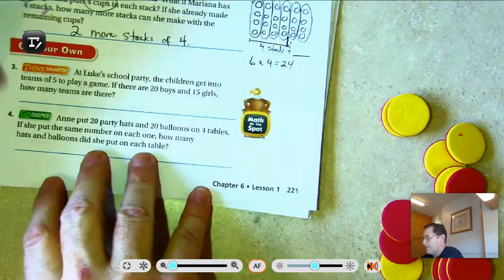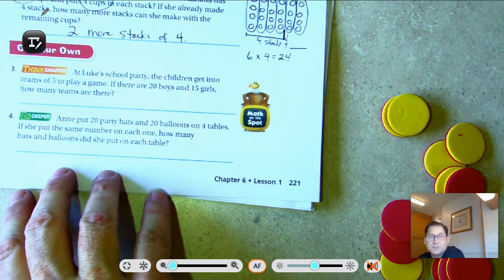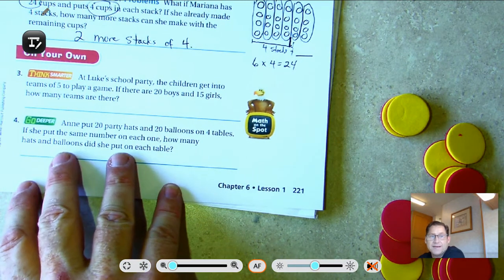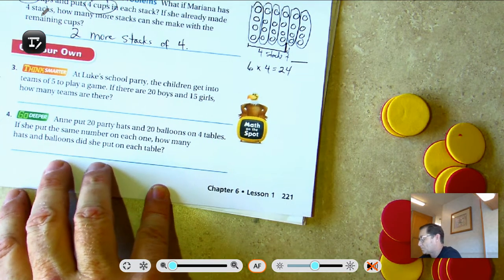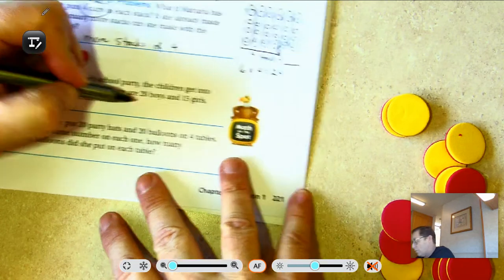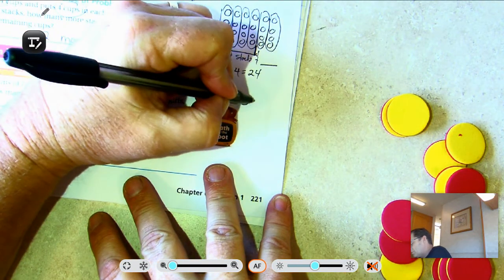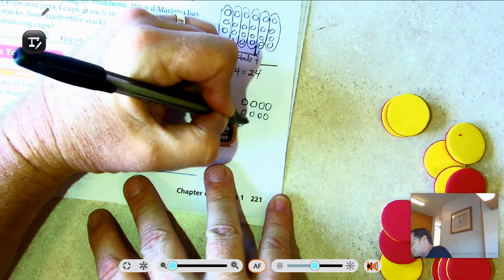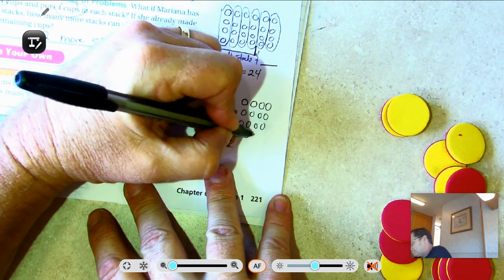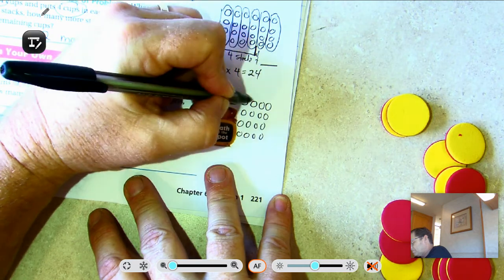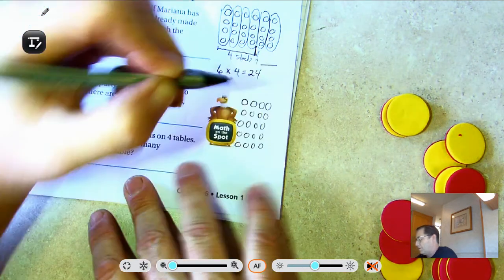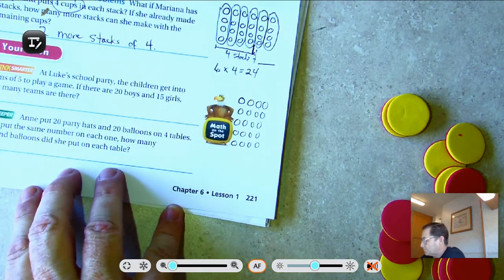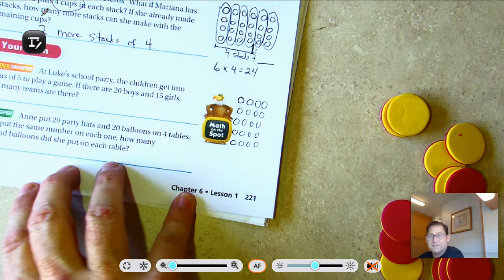Number 3. At Luke's school party, the children get into teams of 5 to play a game. If there are 20 boys and 15 girls, how many teams are there? Okay, well, let's represent the 20 boys with circles. All right, there's 20 boys and 15 girls.